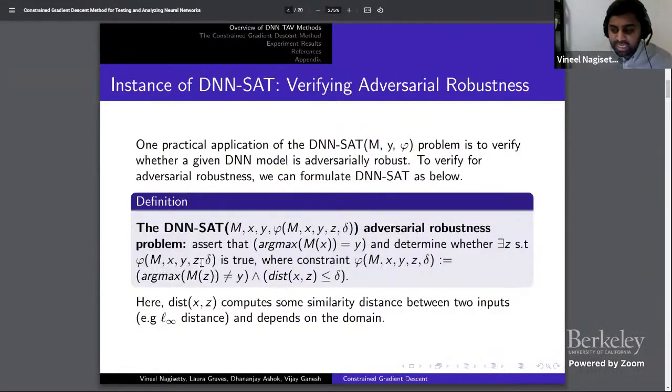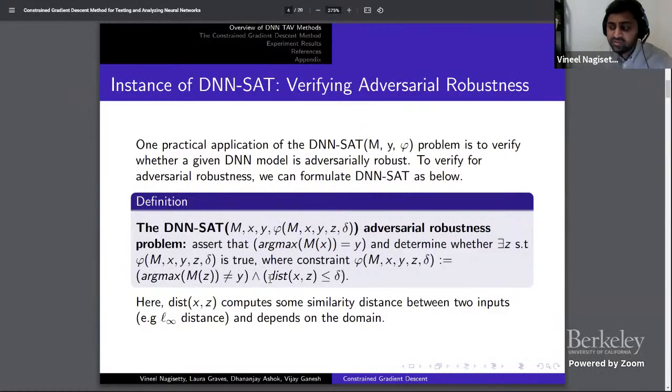In order to formulate this DNN SAT problem for adversarial robustness, we would include an input X and assert, or check, whether the model M labels X as Y. In addition, we determine whether there is an additional input Z such that the model M does not label Z as Y, and the distance between X and Z is less than some threshold delta.